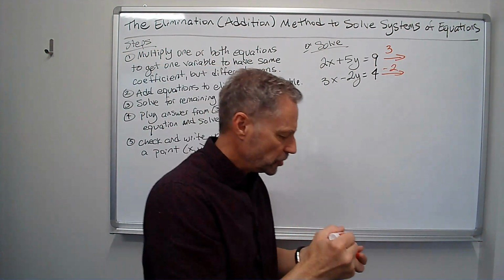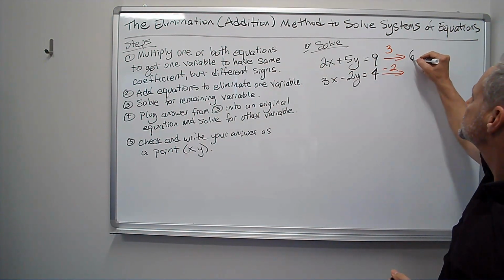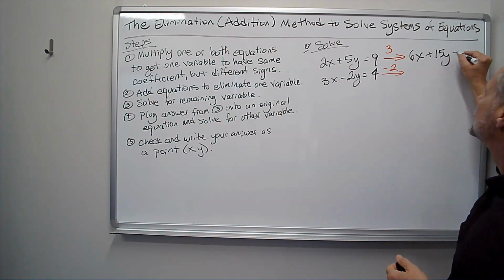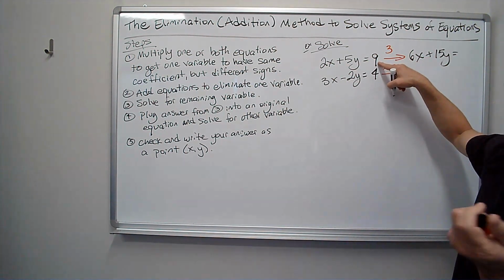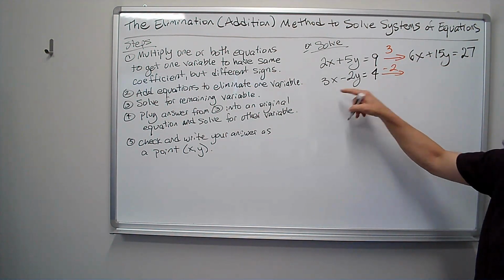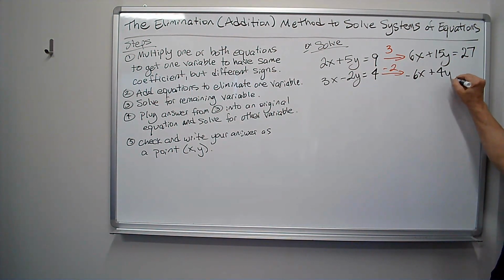All right, so I multiply through and let's see what happens. 3 times 2x is 6x plus 15y equals 27. Don't forget to multiply both sides. Multiply through by negative 2, I get negative 6x plus 4y equals negative 8.